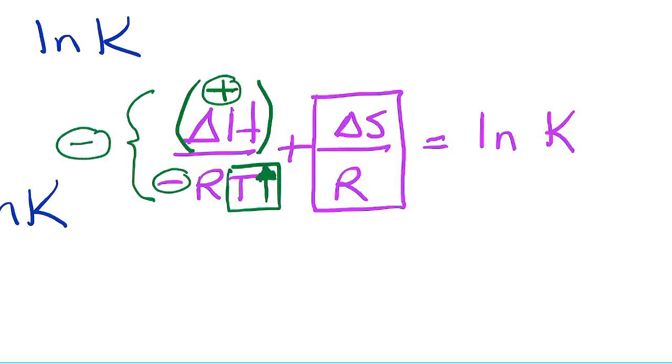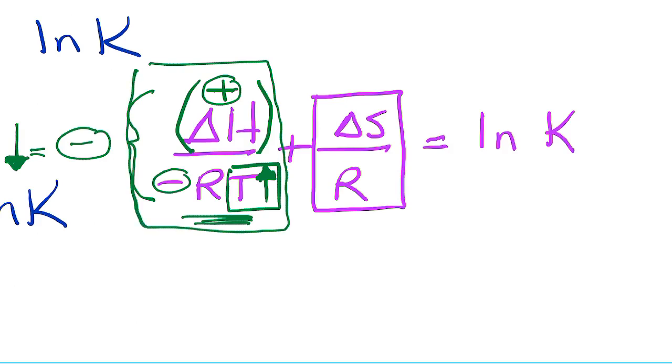That's going to make this negative number become a smaller negative number. As you make the denominator bigger, this expression equals a smaller negative number. And this smaller negative number in this box is being added to this positive value.